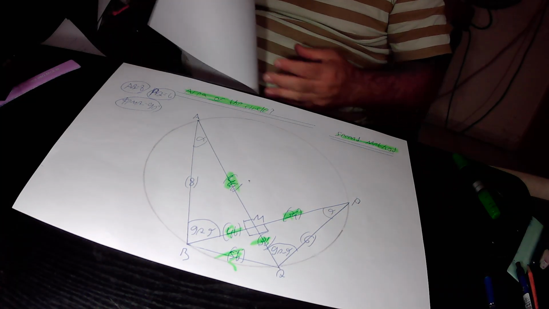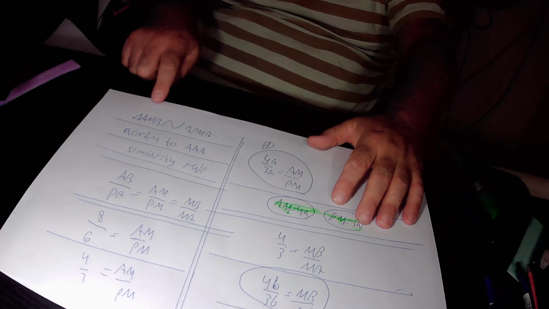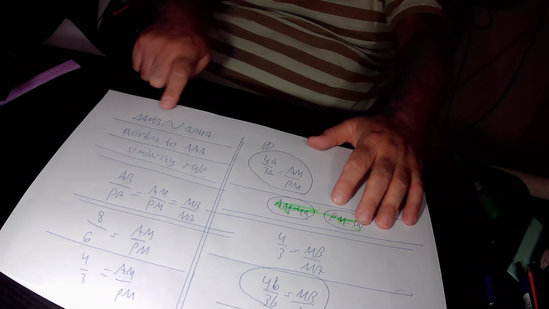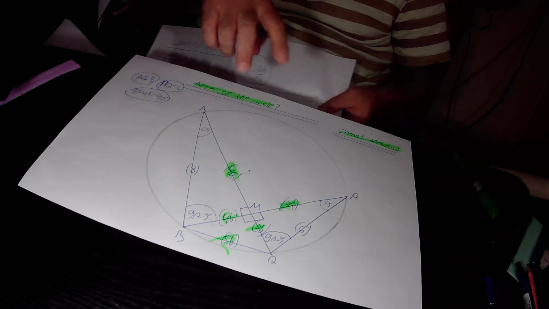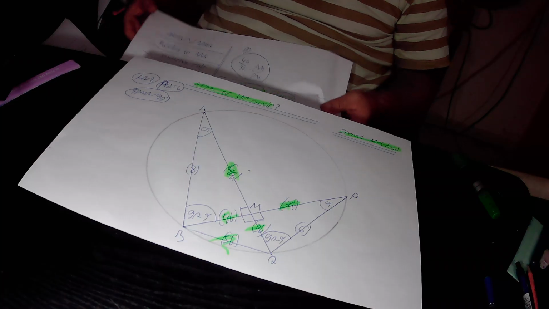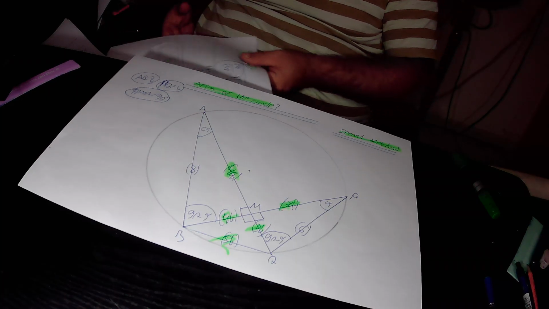And again, we found out that the big right triangle AMB is similar to the right triangle PMQ according to angle-angle similarity. And from the fact that those two right triangles are similar to each other, we derive that the following relationship exists between their sides.